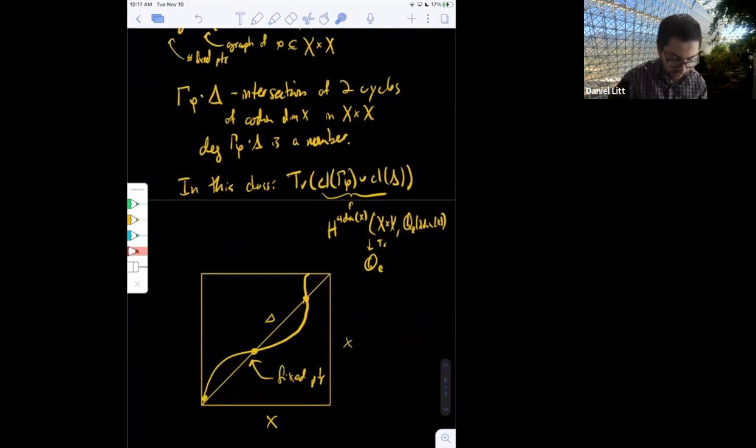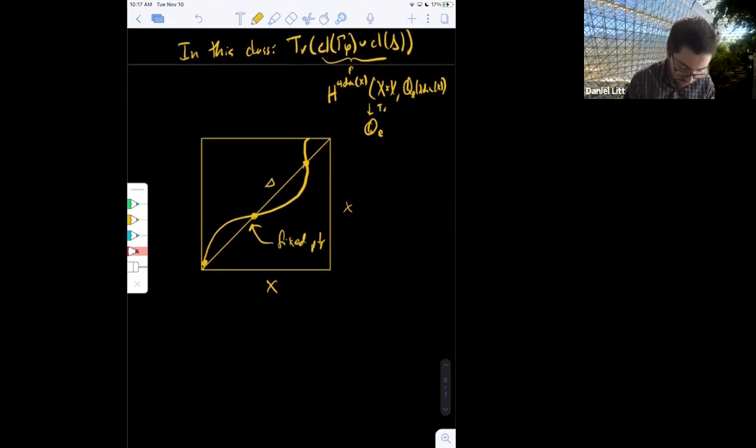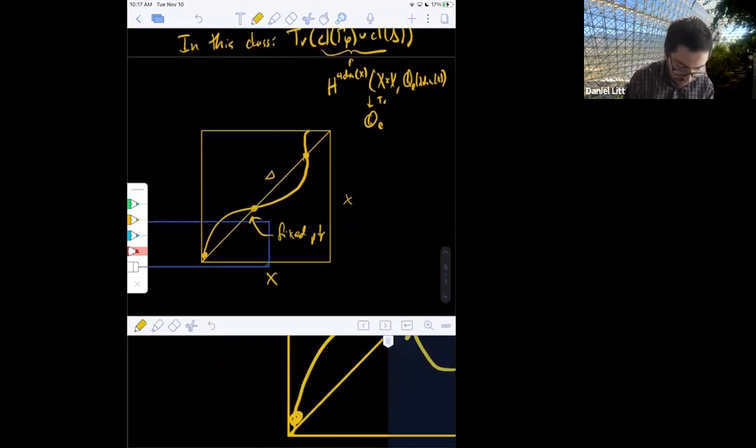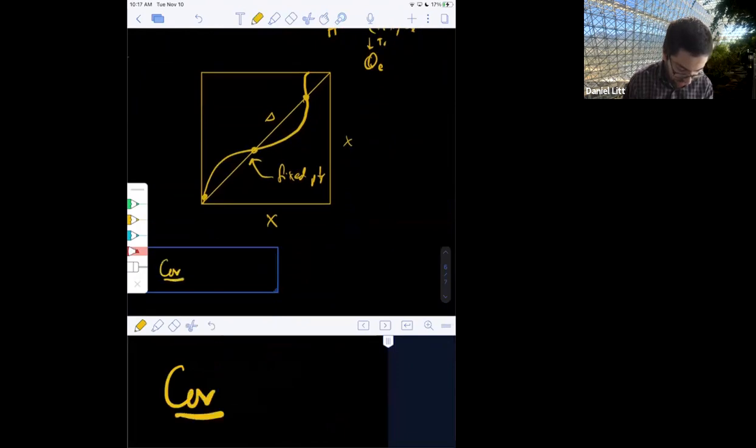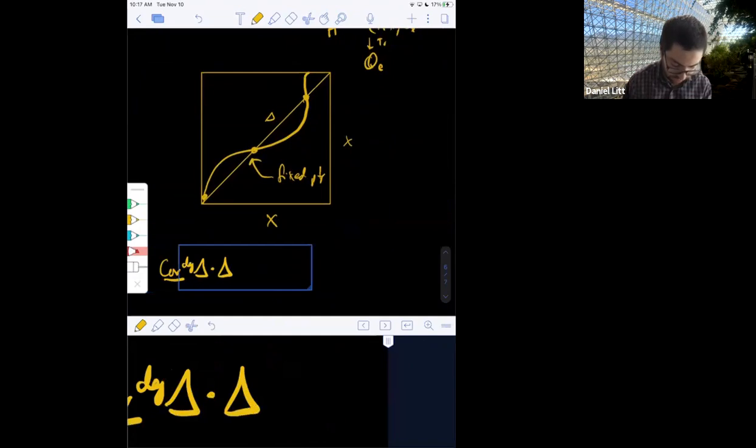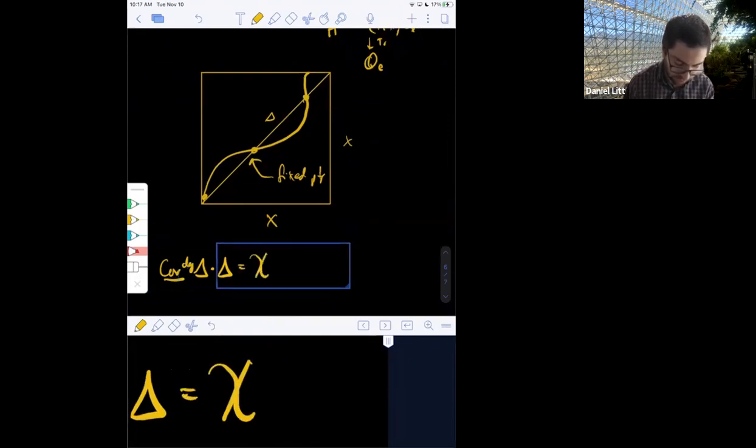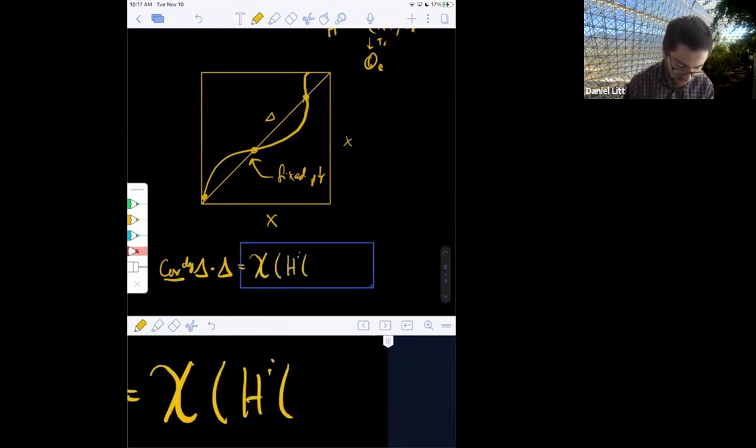In general, if you have a random map phi, like the identity map for example, this intersection doesn't have to have the right dimension. One corollary of this is that if you take the diagonal dotted with itself, the degree of this intersection, which makes sense in cohomology, is equal to the Euler characteristic of the cohomology of X with coefficients.